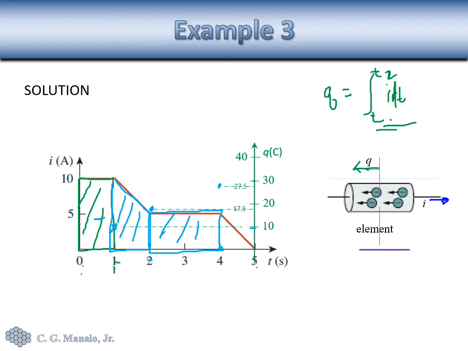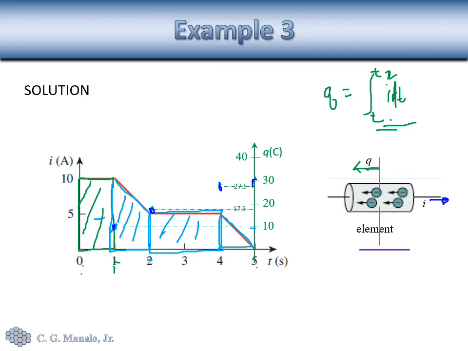And after 5 seconds, we again add this area, and that would give us 30 coulombs. So these will be the points. After 1 second, that is our charge accumulated. After 2, after 4, and after 5 seconds.